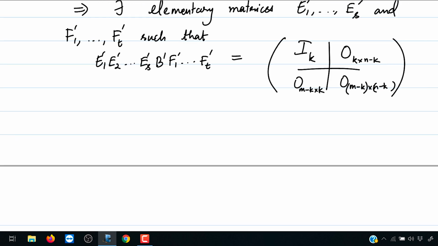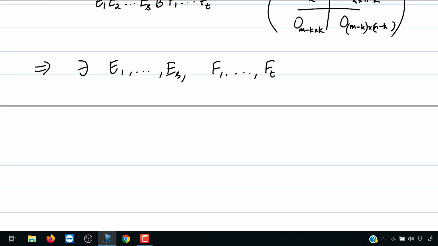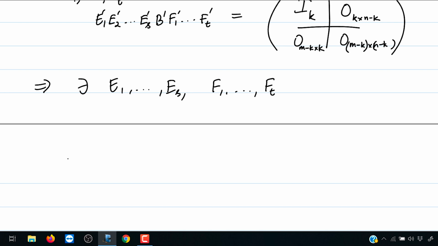Now, by what we just proved, this implies that there exist E1, E2 up to E_s and F1, F2 up to F_t at every stage, so that you multiply E1 to E_s, B prime, so B, F1 to F_t by putting 1 in the first entry, zeros in the first row and the first column elsewhere.